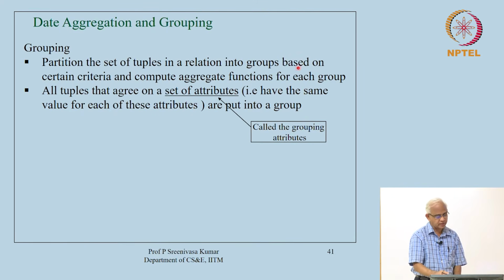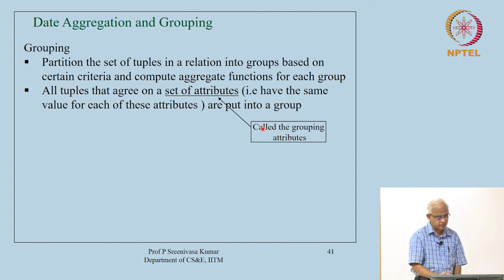Again this grouping is based on a certain criteria, and then compute the aggregate functions for each of these groups. This criteria is not very complicated, all that it does is to group all the tuples on a set of attributes, and they are called the grouping attributes.